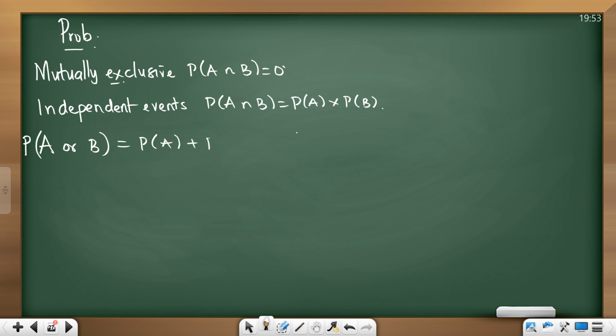The probability of A plus the probability of B minus the probability of A and B. Mutually exclusive or independent, take note. And the probability of A plus the probability of not A is always equal to 1.